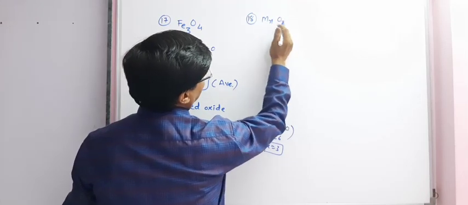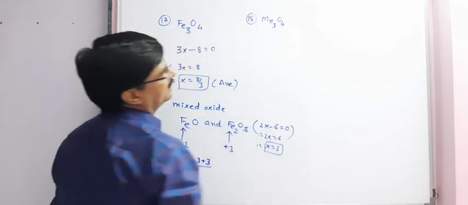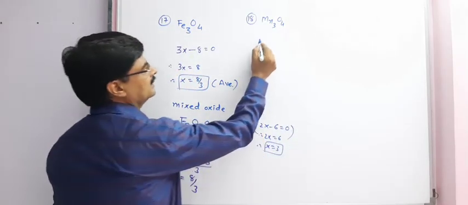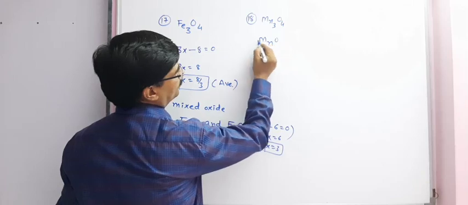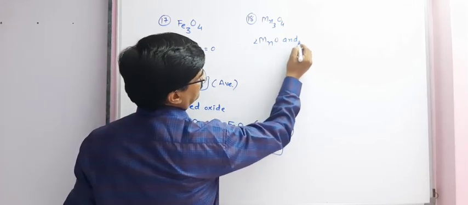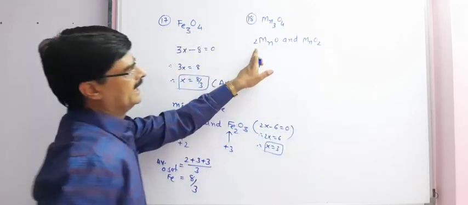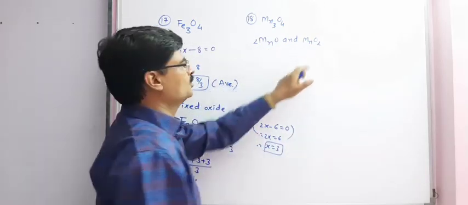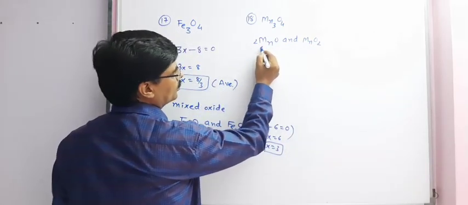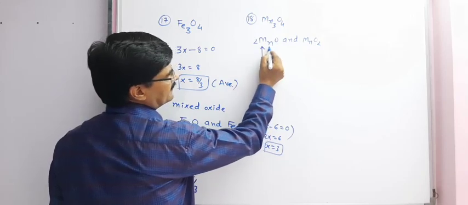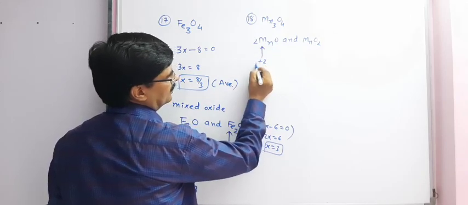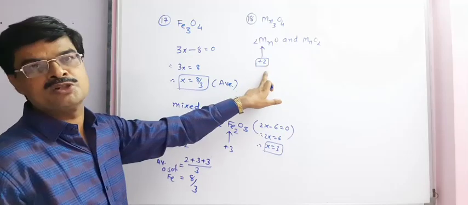Mn3O4, not Mn2O3, but Mn3O4, is made up of MnO and MnO2. In MnO, the Mn oxidation state is +2. How is it +2?